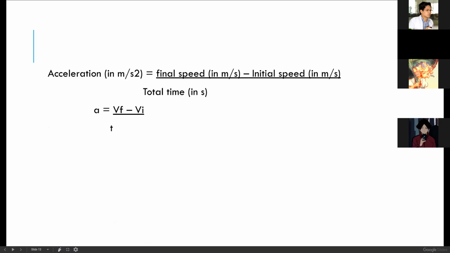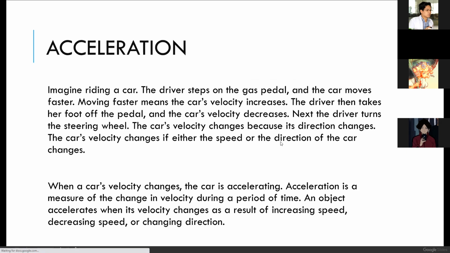This is your equation: acceleration is equal to final velocity minus initial velocity over time. So this is the formula if the problem is asking for the acceleration. Again, what is acceleration, Grade 7?